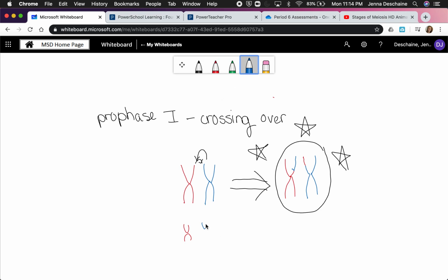And so what happens during crossing over that's really unique about meiosis is that the chromosomes kind of switch arms with each other, all right? So eventually you have a big red chromosome with a blue arm and then a big blue chromosome with a red arm. And the same thing is going to happen with these little guys down here. Okay, it's going to have a section of blue on it. This one has a section of red on it, okay?